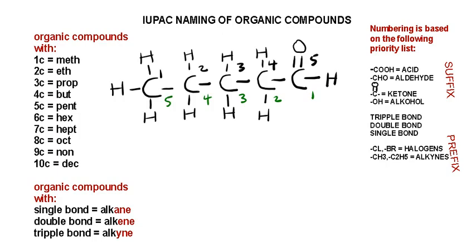Since we have identified 5 carbon, it is called pent. An organic compound with 5 carbon is called pent. So we are going to write pent. We check quickly for the bonding. We have single bond belonging to alkane. We take ANE, which gives pentan. Then we check for functional group. There is a functional group here.